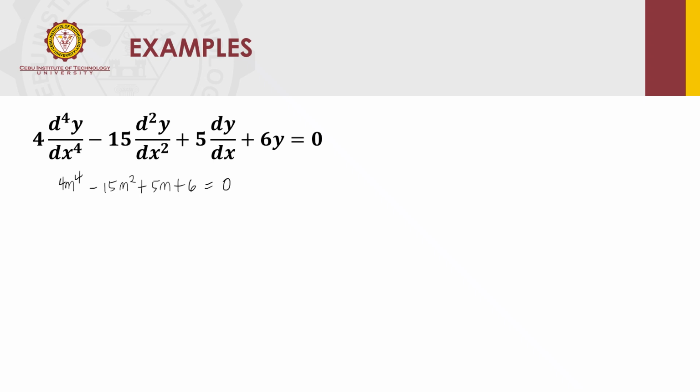If it's very difficult to know what the factors are, especially if it's a quartic type of function, we can use sort of trial and error.